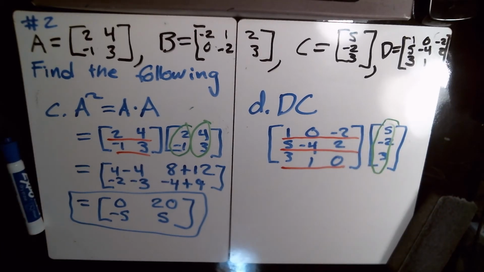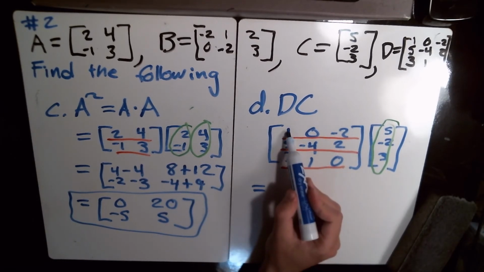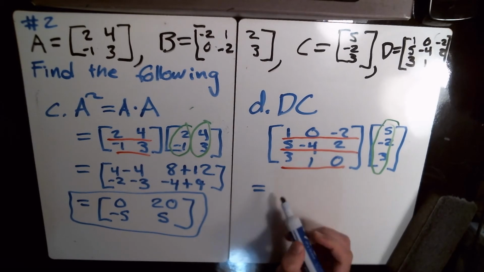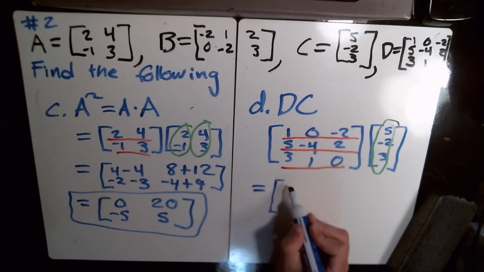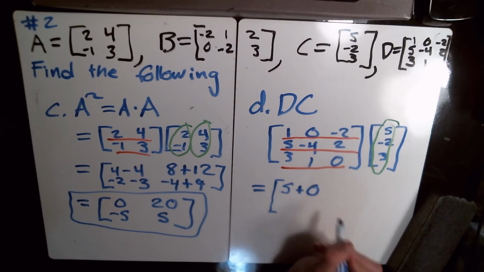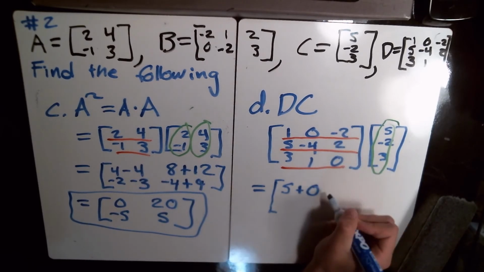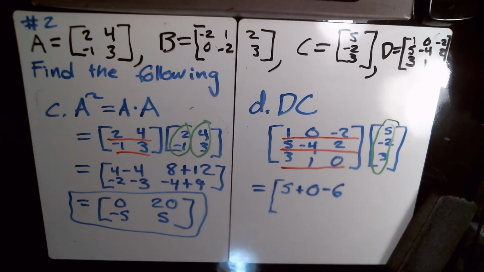Okay, so let's do that. So we start at the top, so we go 1 times 5 is 5, and then plus 0 times -2, so 0, and then plus -2 times 3 is -6. Okay, so that's my first entry there.